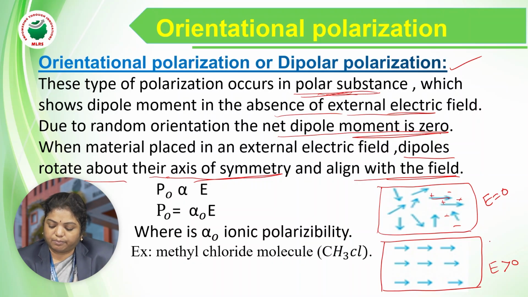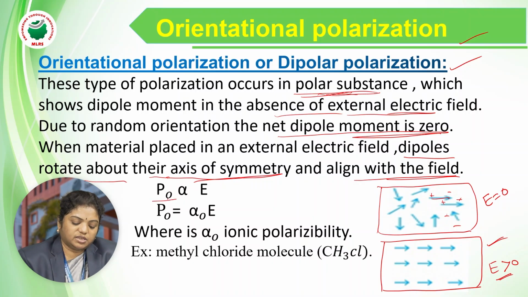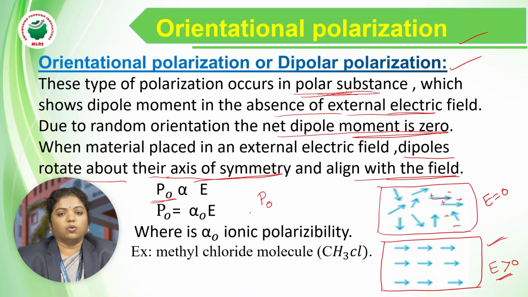So in the presence of the electric field, the dipoles are oriented along the field direction. This kind of polarization is called orientational polarization. We indicate it with P suffix O, orientation polarization.